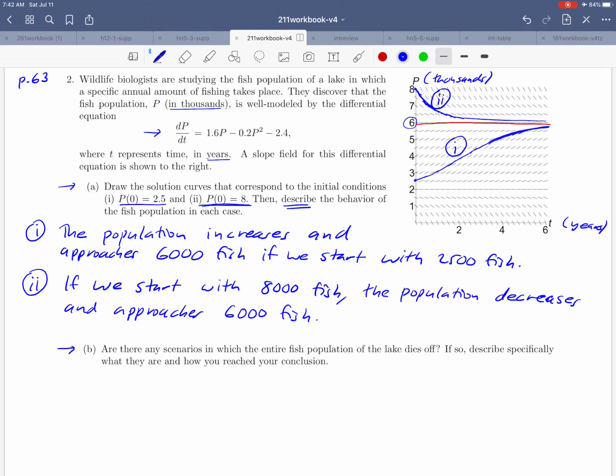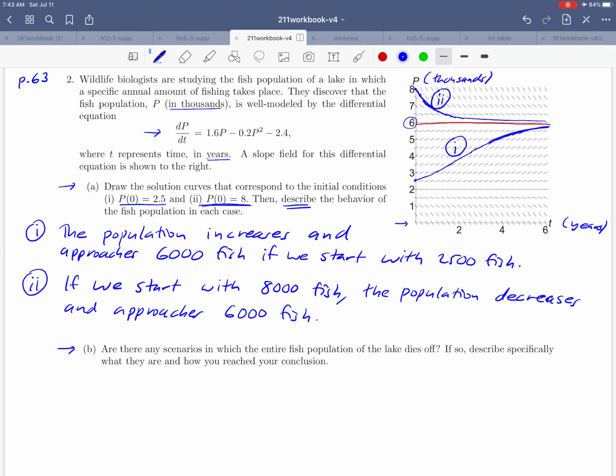Are there any scenarios in which the entire fish population of the lake dies off? It's like asking, do you see any possible starting populations for the amount of fish in the lake where, if you started with that population, eventually you would wind up with 0 fish? If you study this slope field, you'd be looking for a situation where the slopes are negative and your curve goes all the way down to a population of 0, which would be down here.